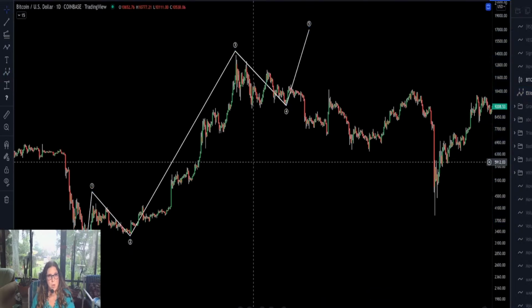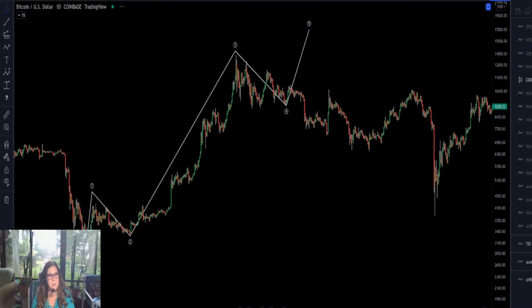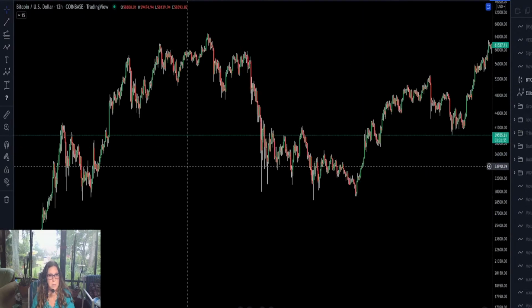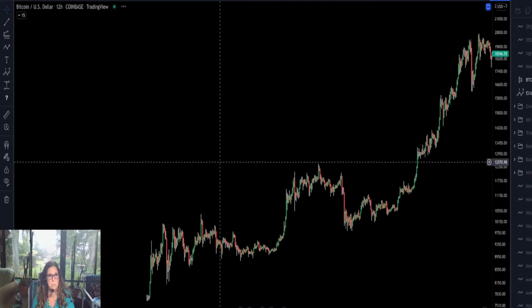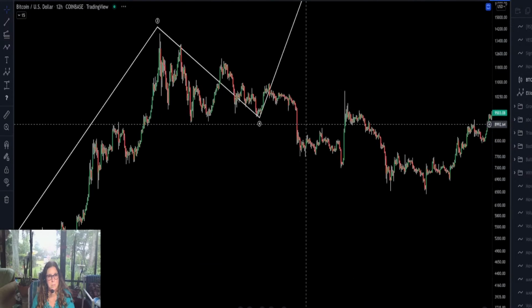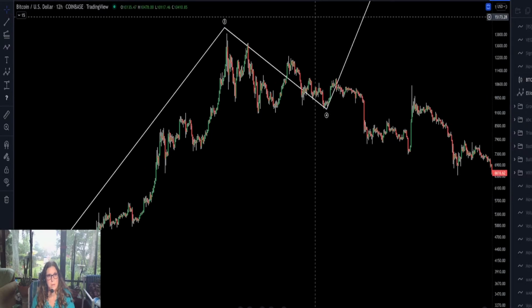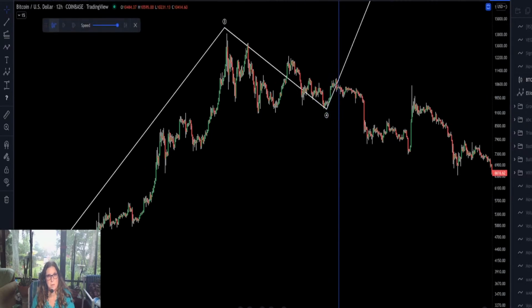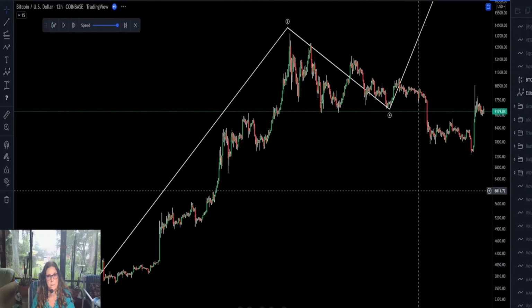Exactly. There was this area. Whoops. Sorry about that, guys. I do that every time. Let me cut that off so I don't do it again. All right.